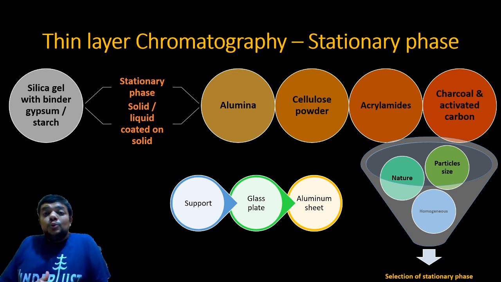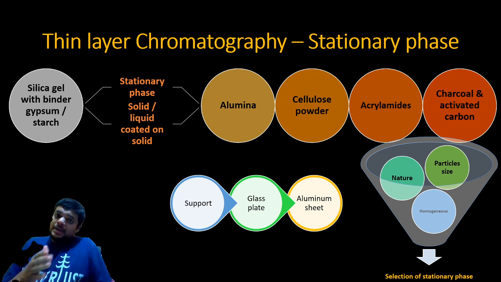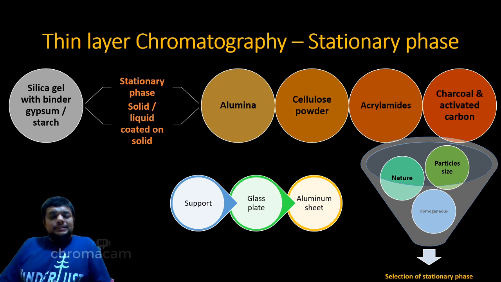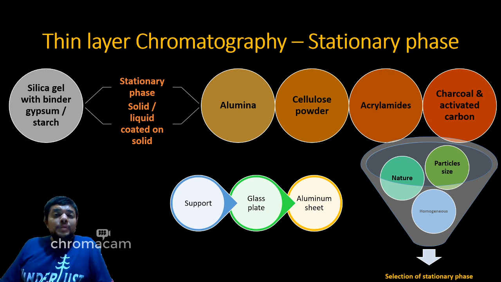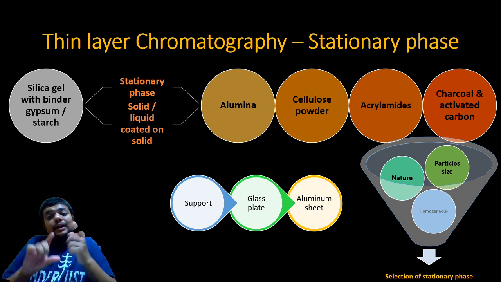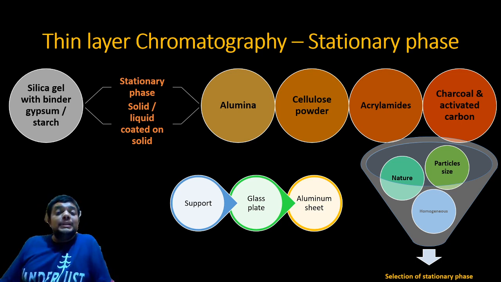When to use this word homogeneous is coming after a few slides, and at that time we will go in depth. But remember very well, whatever the stationary phase from the given, they are all supposed to be applied on a thin glass or aluminium plate, and hence they require some support like calcium sulfate to be applied on a glass plate or an alumina sheet.